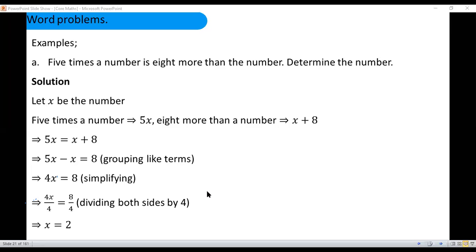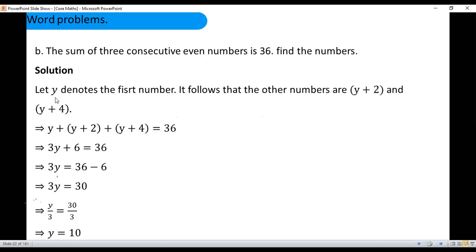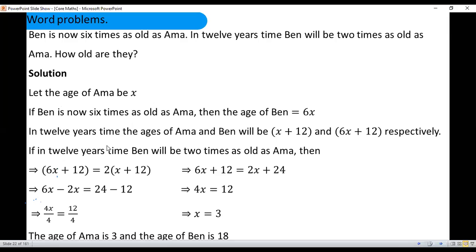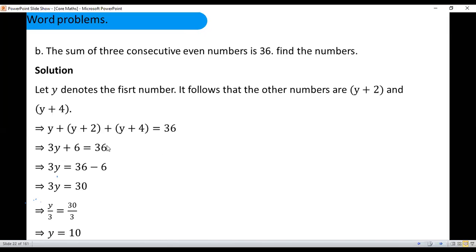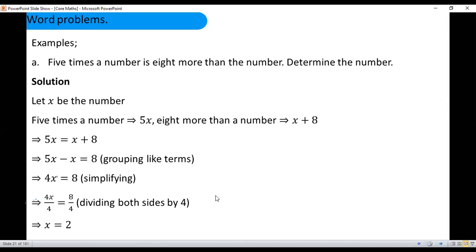No, please, I said let the number be y. Look at it here: let y denote the first number. Justin says the instruction was that we can't unmute ourselves. Okay, I realized that. Sorry.